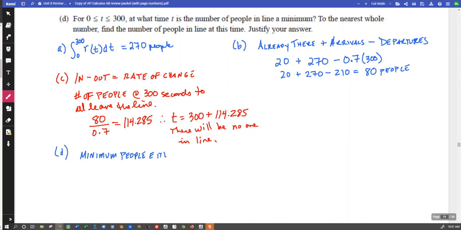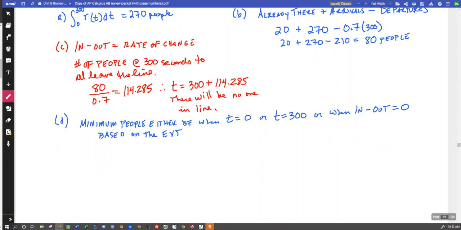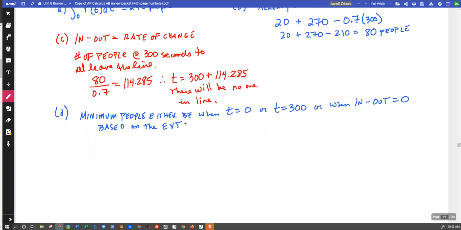Minimum people will either be when t equals 0 or t equals 300, or when in minus out is equal to 0, and this is going to be based on the extreme value theorem. So that means we need to figure out these different locations.